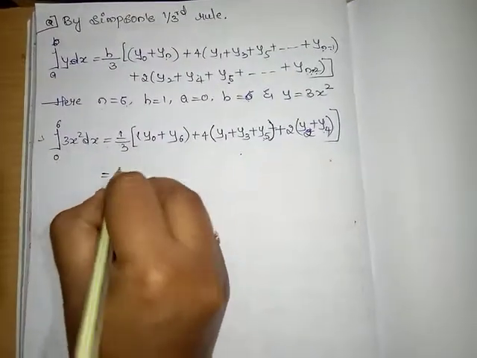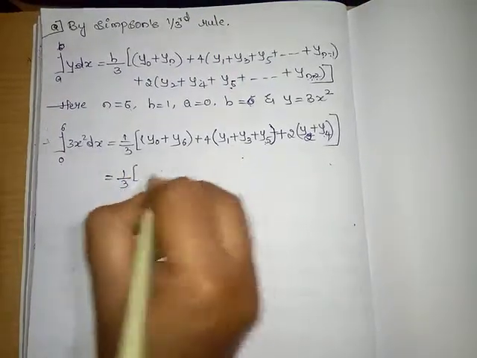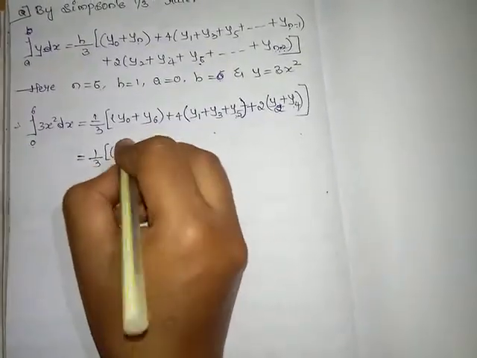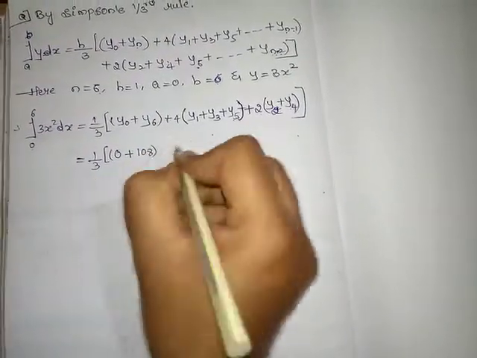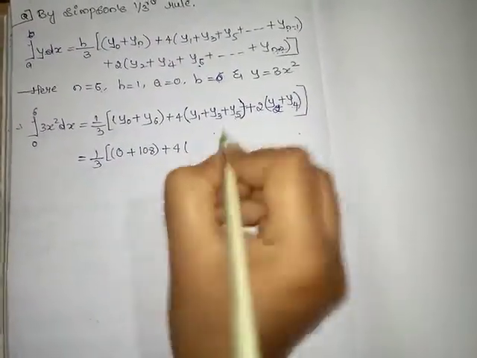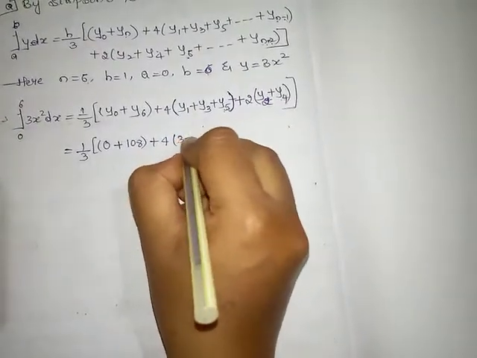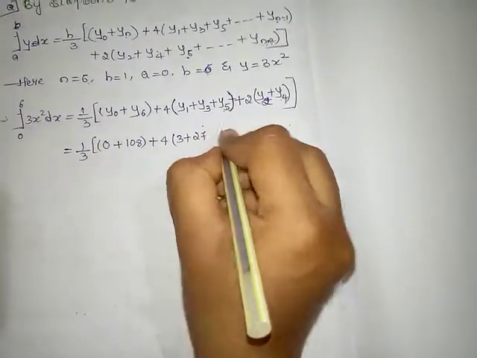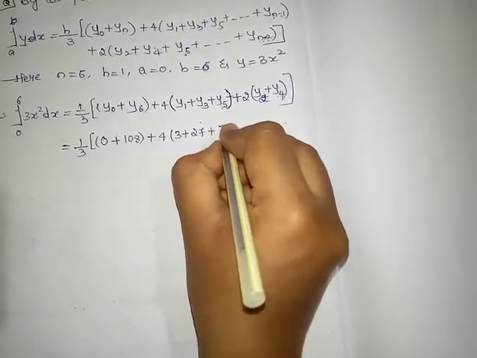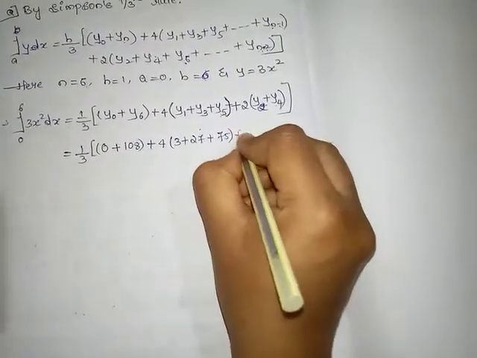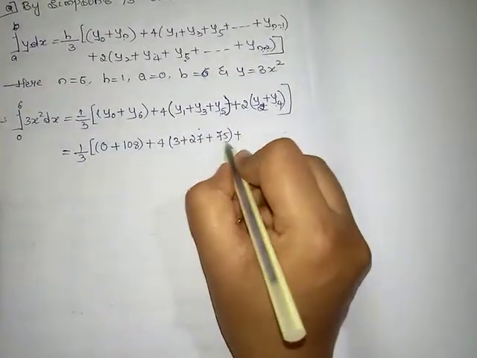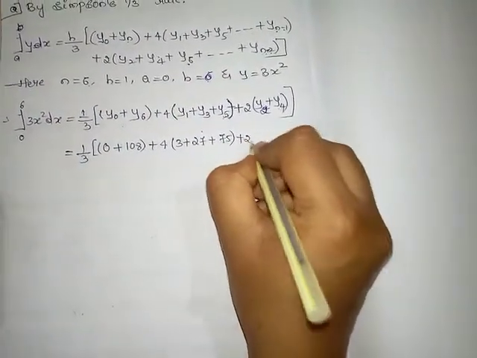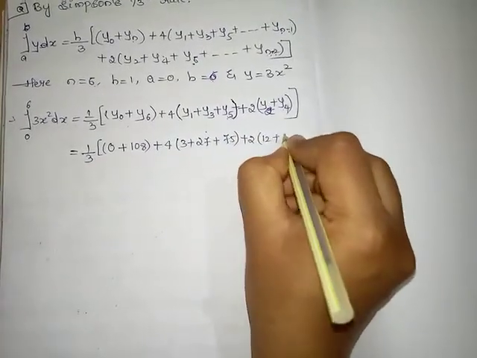Now we will substitute the terms. 1 by 3 into y0 is 0 plus y6 is 108 plus 4 into y1 is 3 plus y3 is 27 plus y5 is 75, these values are taken from the tabular column. Then plus 2 into y2 is 12 plus y4 is 48.